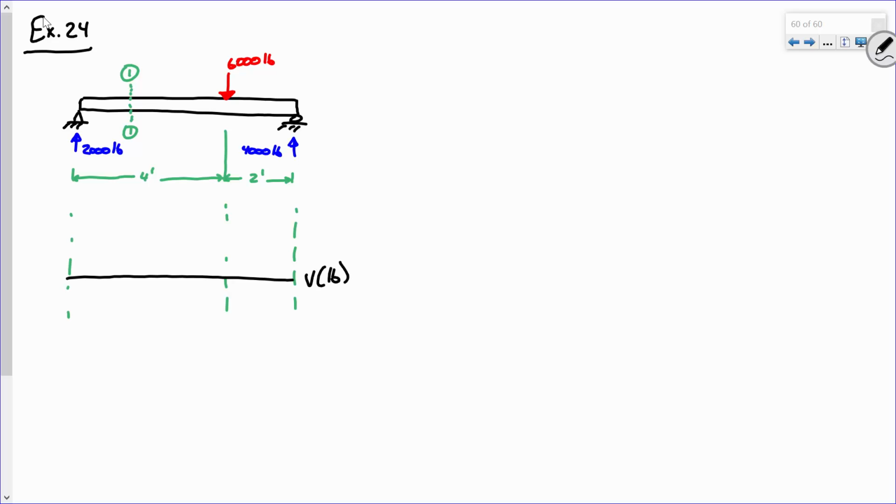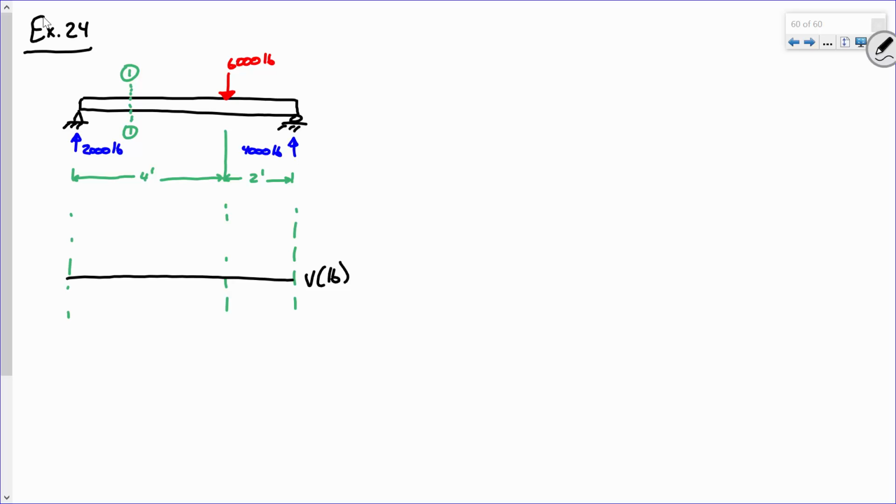All right. So we've got a shear diagram. We're going to do it in pounds. So you tell me what to do when we're drawing the shear diagram. We're starting here. What's the first thing we do? Go up 2 grand. No change. And then go down 6 grand. No change. Go up 4. Right?